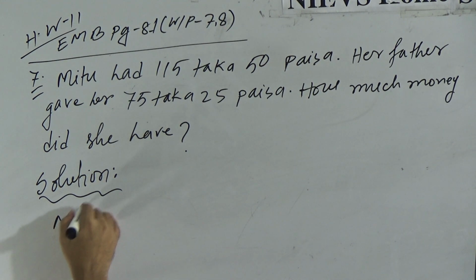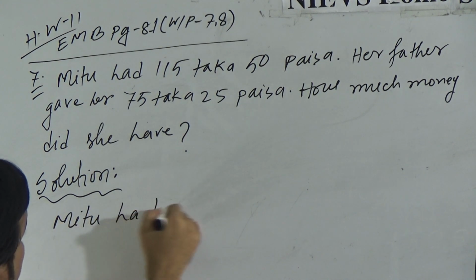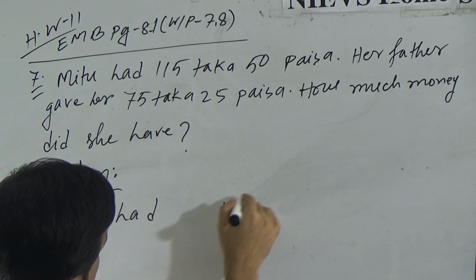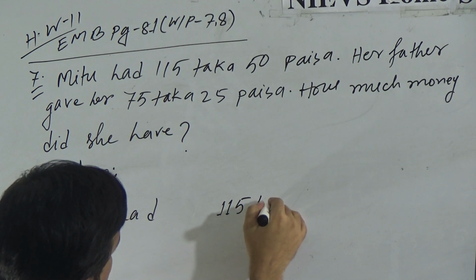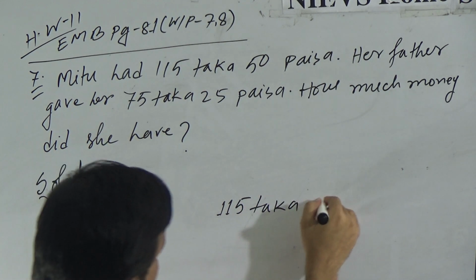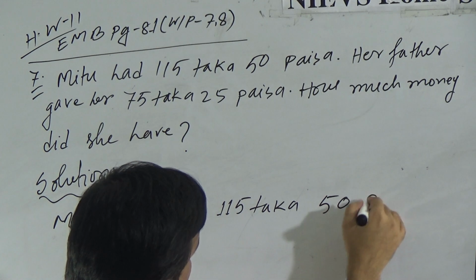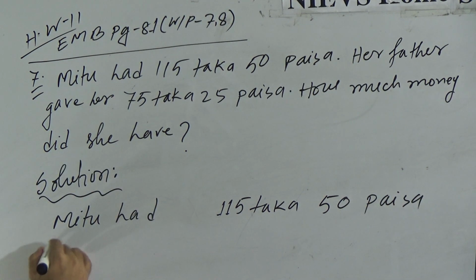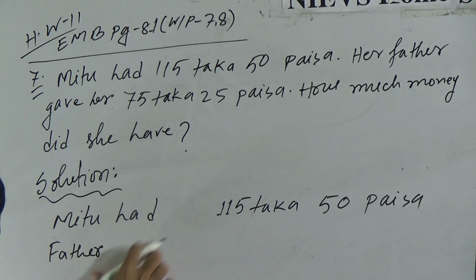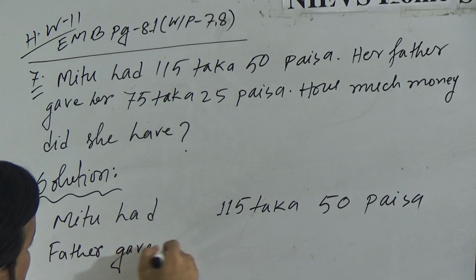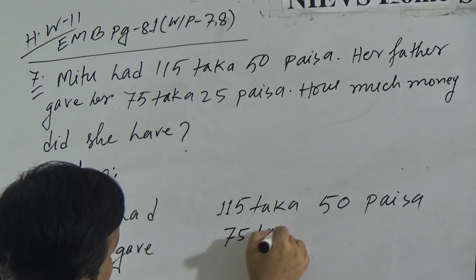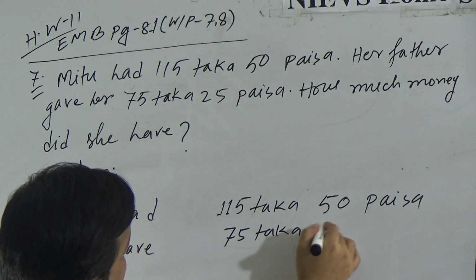Mitu had 115 taka 50 paisa. Father gave 75 taka 25 paisa.